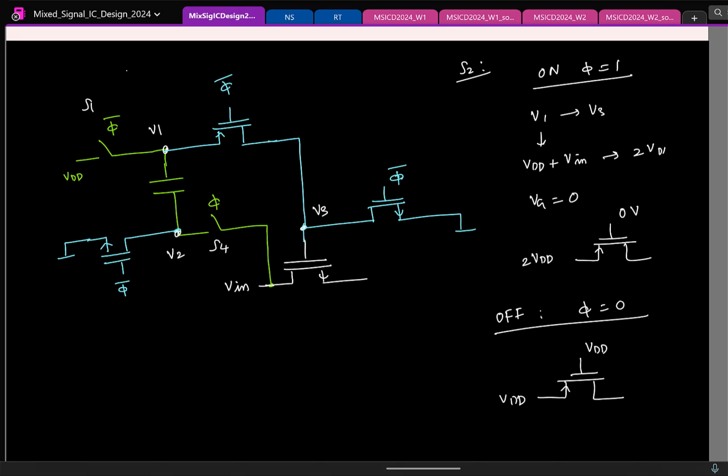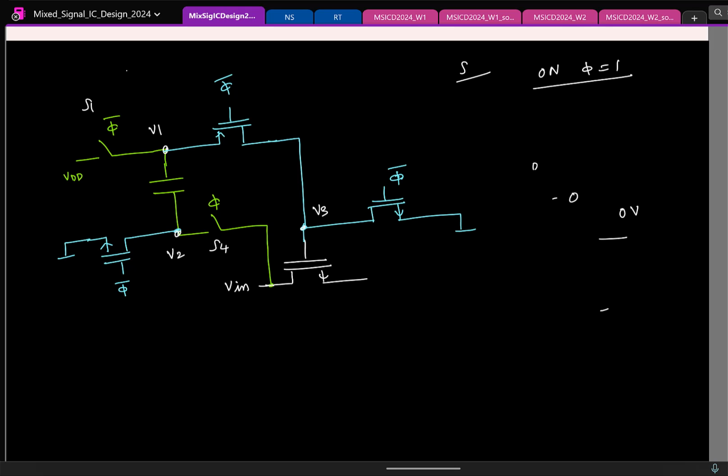Now let's look at S4. When S4 is on, that is when phi is 1, it is trying to pass V in here, right? Now is there some other switch in the circuit that is trying to pass V in? The main switch is also doing the same job. Here I am using NMOS for this, so what do you think I can use here?